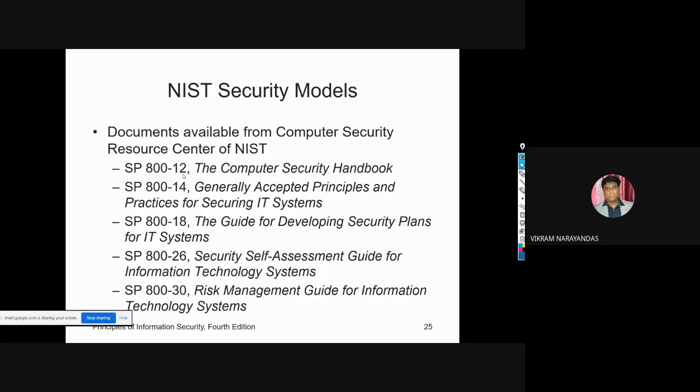The National Institute of Standards and Technology is another possible approach, which is described in many documents available from the Computer Security Resource Center of NIST.